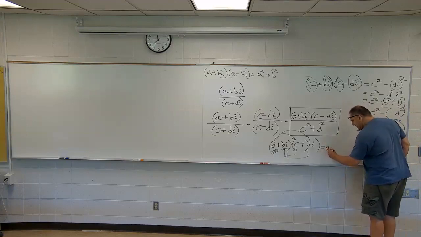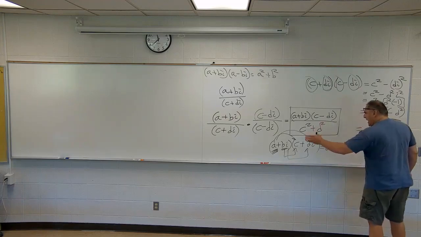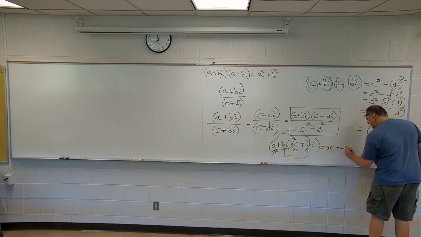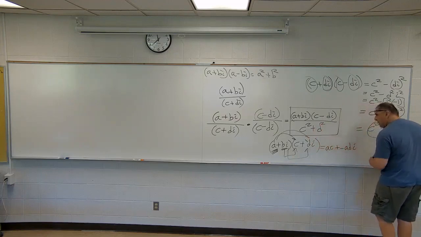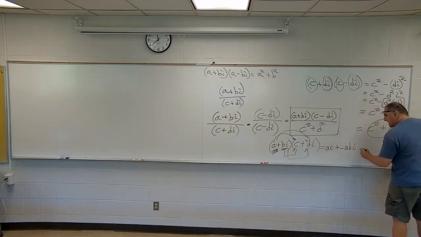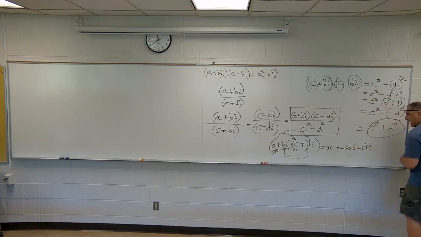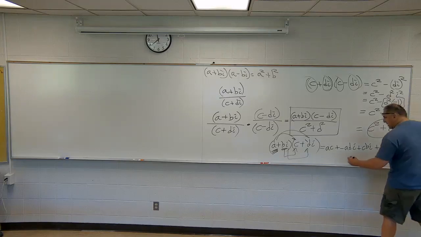A times negative d times i, negative adi. bi times c, cbi. bi times negative di.